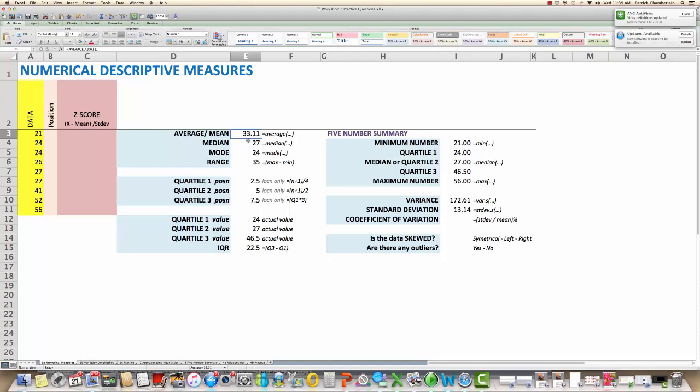And so you can say, okay, generally when you're looking at plus or minus one standard deviation from the mean, if I subtract 13.14 from the mean in the same way, it takes me down to around 20. So basically we're looking at 20 up to 46, roughly. 20 to 46 should contain roughly 65% of all the data values.